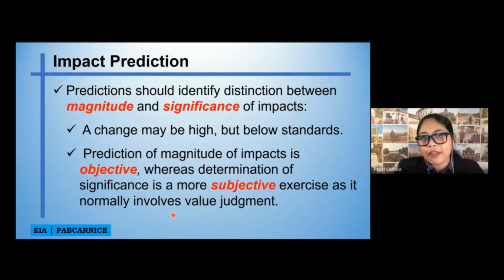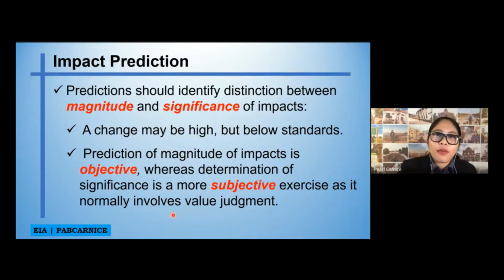So you identify that there is a change. However, though there was a change, and though let us say statistically it has a significant difference, based on the standards of water quality, it is still below the standards. Therefore, the water is still acceptable for, let us say, daily use.